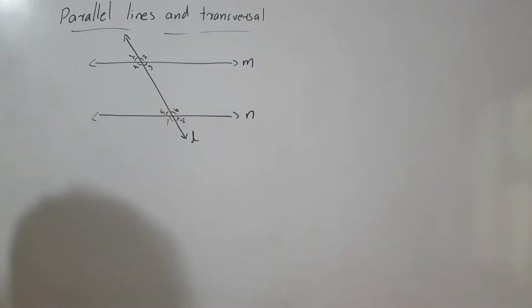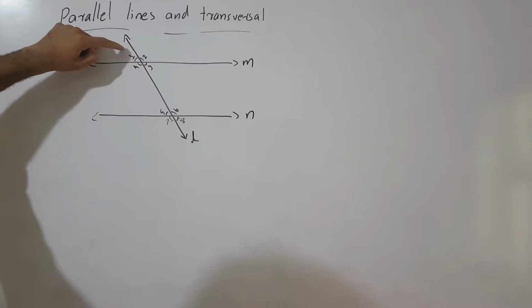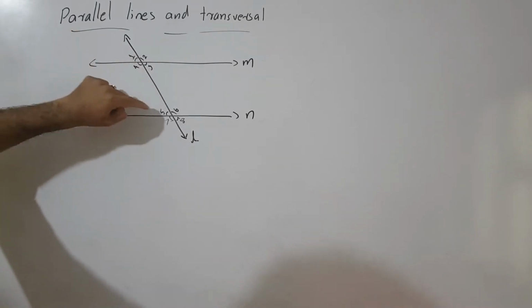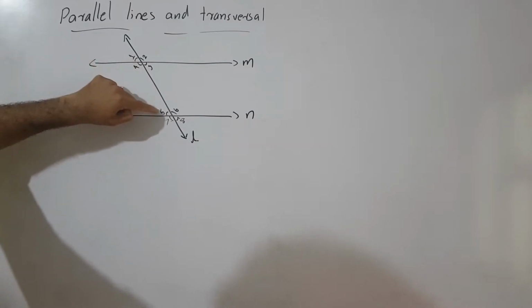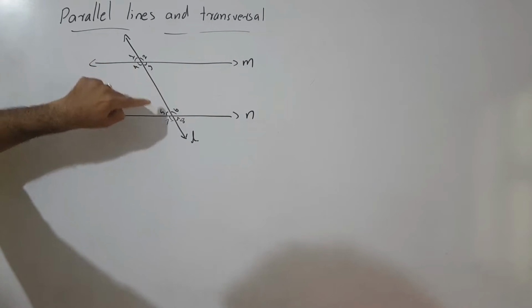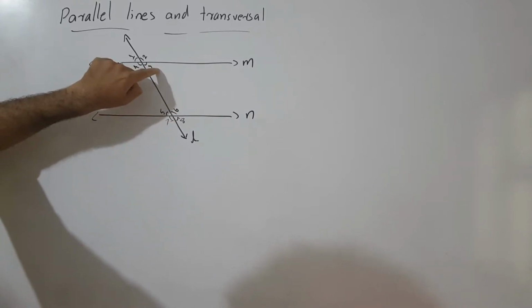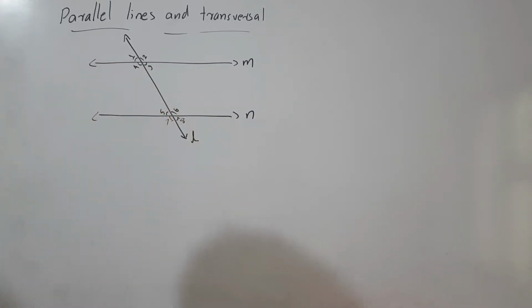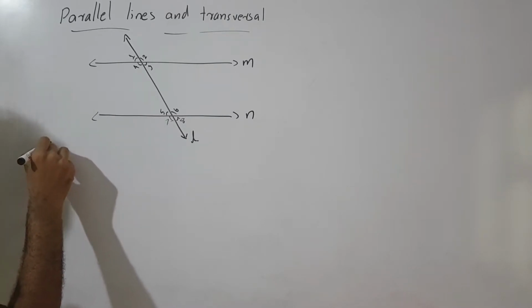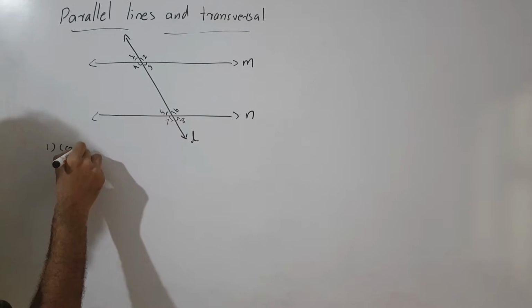Then the angles lie in this position, so we call them corresponding angles. Angle 1 angle 5, angle 2 angle 6, angle 4 angle 7, angle 3 and angle 8. Okay, then what is our first one? The first angle name is corresponding angle.